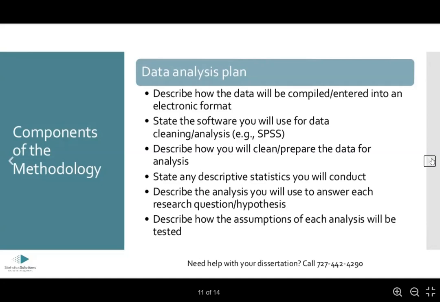And you'll also talk about what you're going to do if any of the assumptions are violated. So what happens if your data isn't normal? Will you proceed and still run your t-test, or are you going to transform your data to make it more normal? What do you have in mind to deal with that?